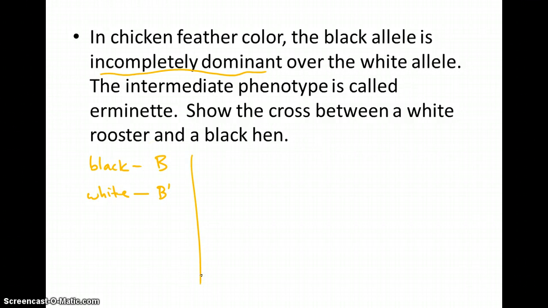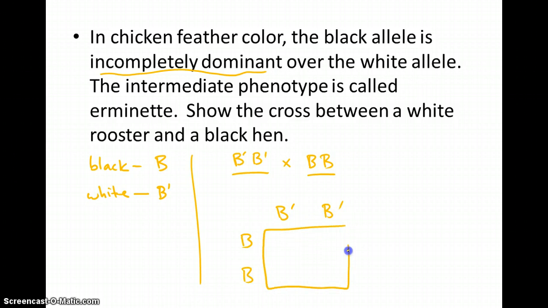Alright, let's show the cross. First I need to determine my parental genotypes. The white rooster will have this genotype. The black hen will have this genotype. If I cross these, we will have all offspring showing the exact same genotype and of course having the exact same phenotype.